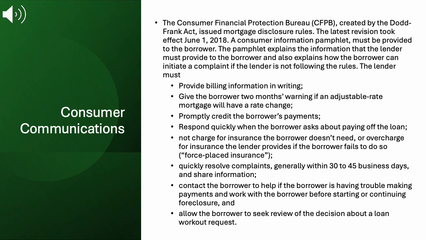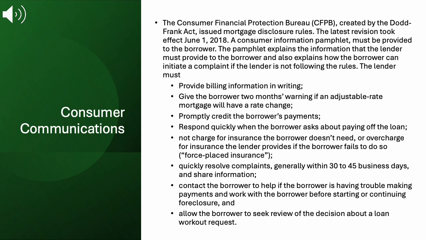The lender must provide billing information in writing, give the borrower 2 months warning if an adjustable rate mortgage will have a rate change, promptly credit the borrower's payments, respond quickly when the borrower asks about paying off the loan, not charge for insurance the borrower doesn't need or overcharge for insurance the lender provides if the borrower fails to do so, force-placed insurance.